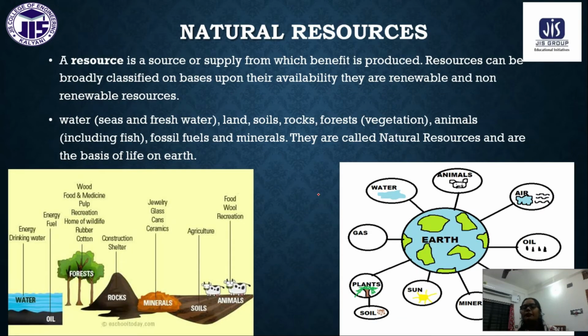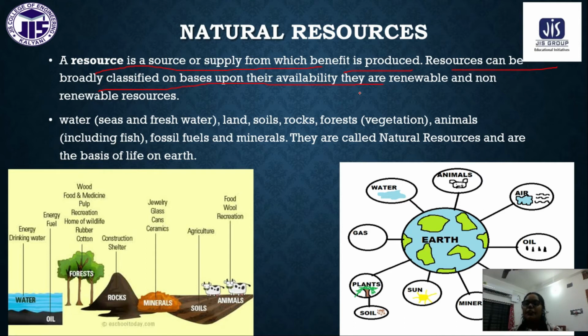Okay, now we will discuss some of the natural resources. Natural resources means any resource that is a source of supply from which benefit is produced. Resources can be broadly classified based on availability: renewable resources and non-renewable resources. Renewable resources are those that can be used again and again.